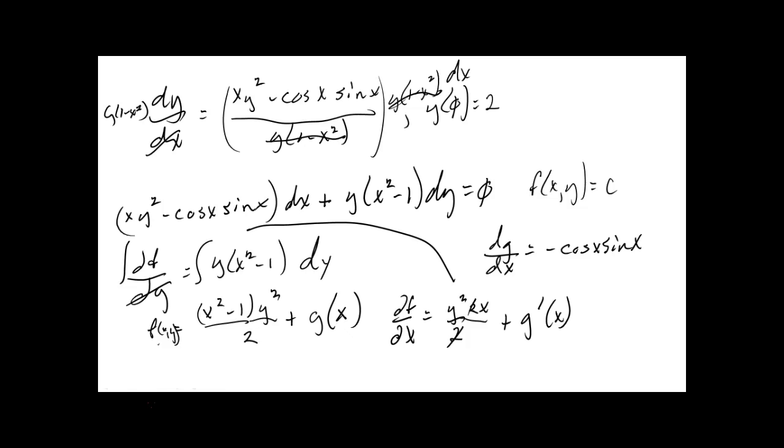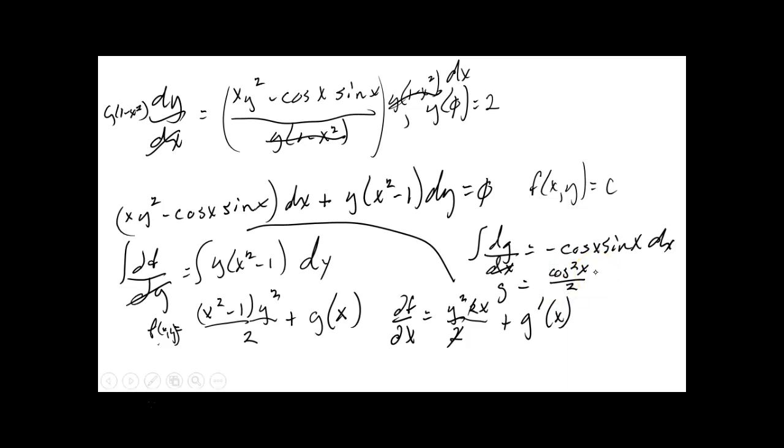All right, and let's just do a dx on both sides and integrate this, and you get g is equal to, and what's the antiderivative of minus cosine x sine x? Well, pretty sure that would be cosine squared x over 2.